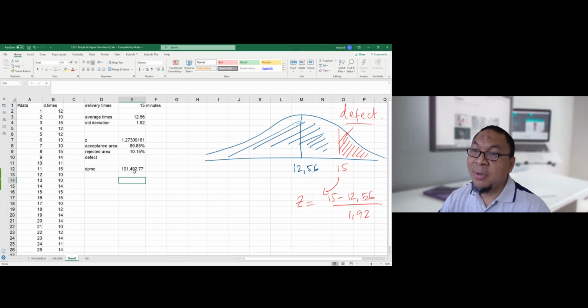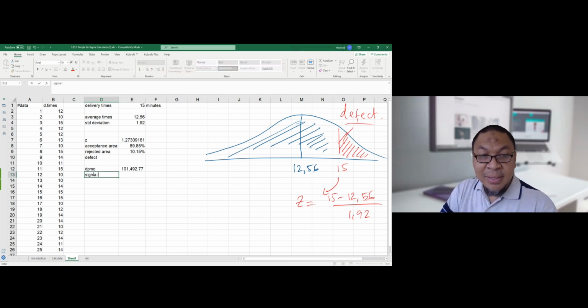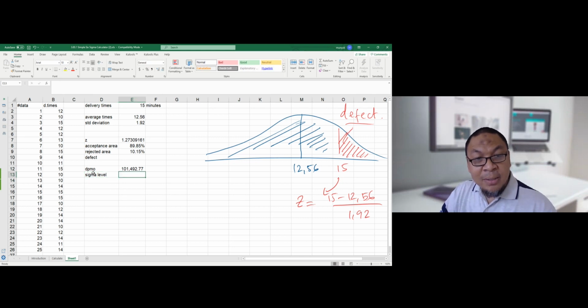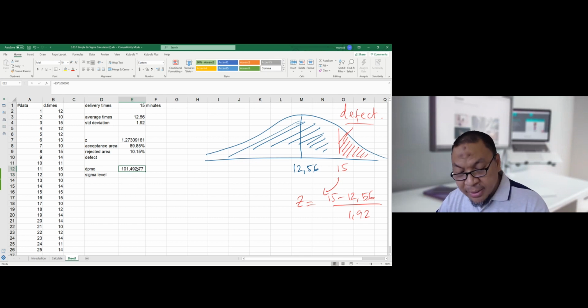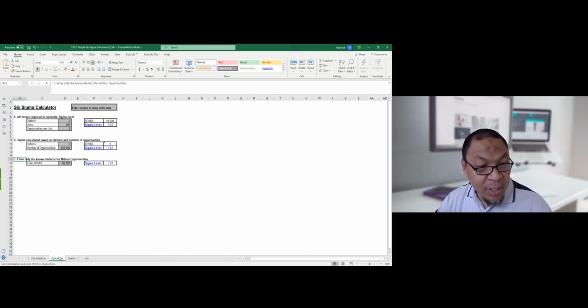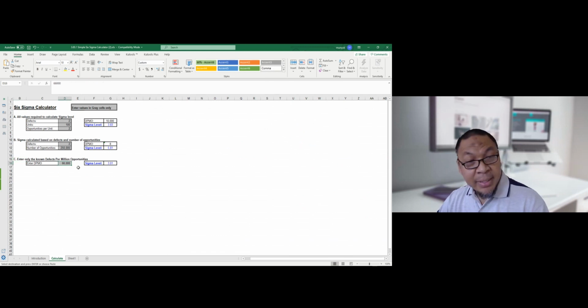That is big, right? The sigma level is our goal. You can calculate it manually, but because we already have the calculator, we copy this DPMO to the calculator sheet and put it in the DPMO cell.